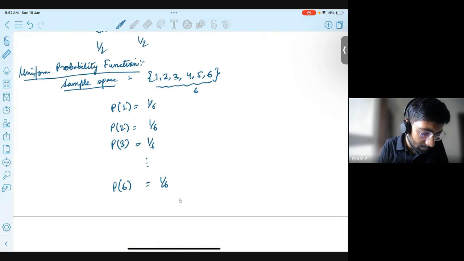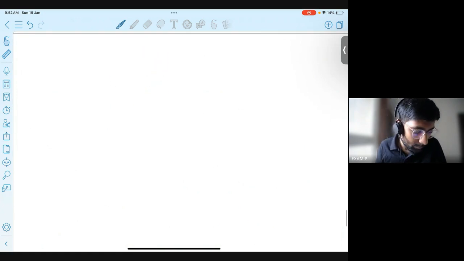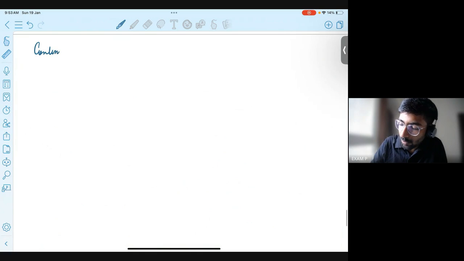Then you have the probability of an event, which I think you can calculate. Next, continuous probability space. They have briefly mentioned something called continuous probability space.